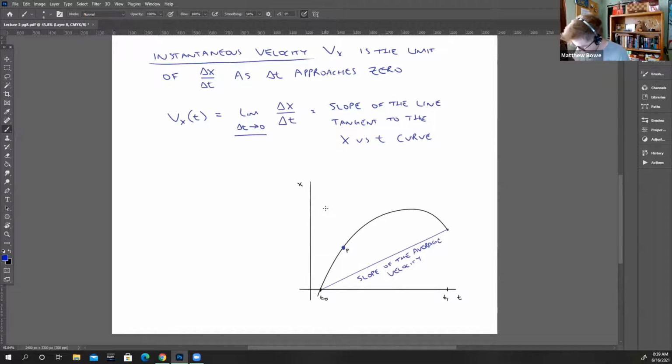If you remember from calculus, this is a derivative of x in terms of t.